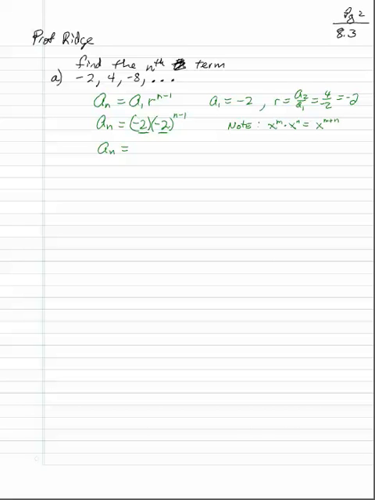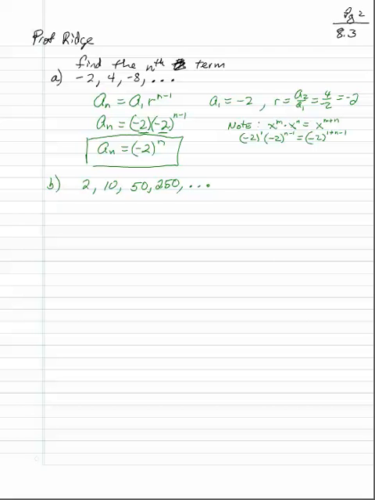So negative 2 to the first power times negative 2 to the n minus 1 is negative 2 to the 1 plus n minus 1, which simplifies to just negative 2 to the n. So that would be the nth term.